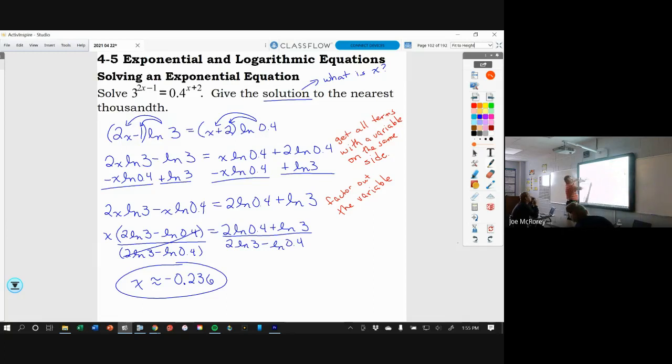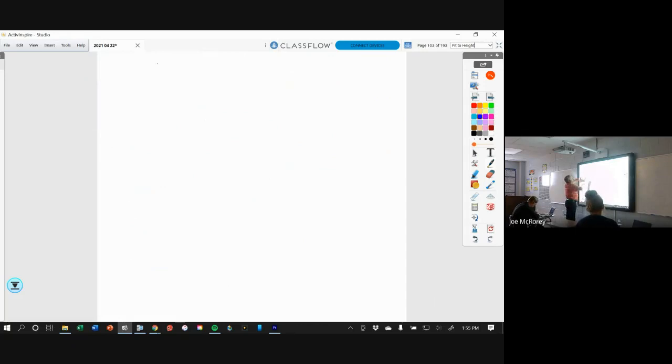Okay. Y'all have this written down, this line right here? Yes. It's 2x minus 1 times ln 3 equals x plus 2 times ln 0.4.